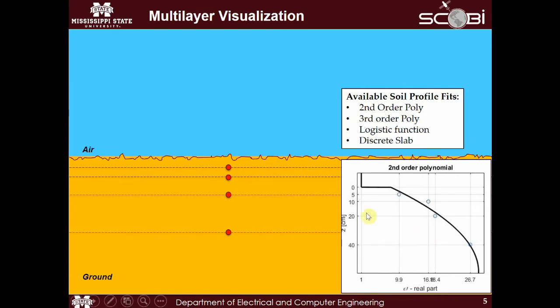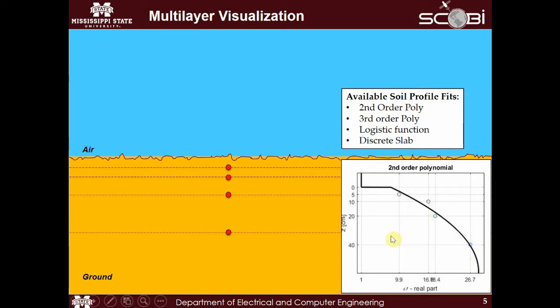As you can see in this figure, we have some volumetric soil moisture value located at 5 centimeters, which is represented by this little red bubble right here, another at 10, 20, and 40, and the soil moisture was known. You don't see that listed across the x-axis here, but that's because the volumetric soil moisture was converted to a dielectric or relative permittivity value at each of these points.